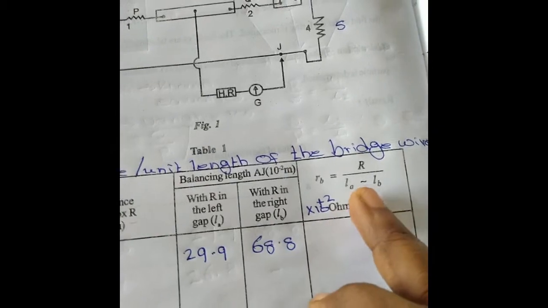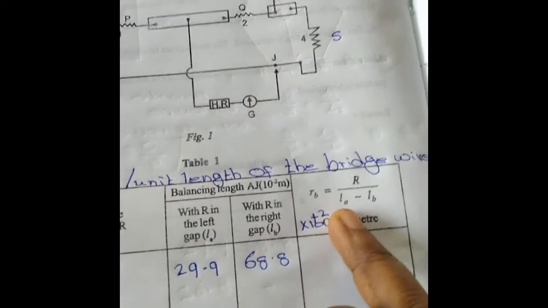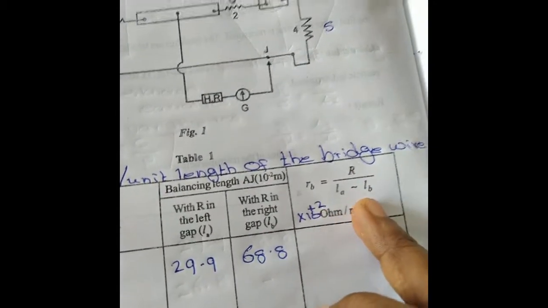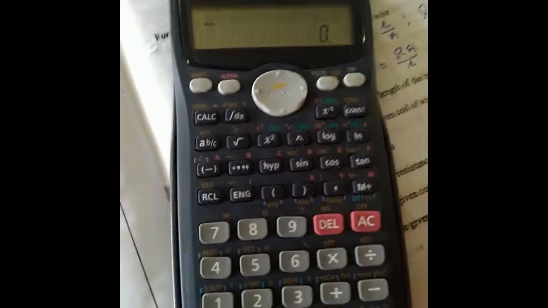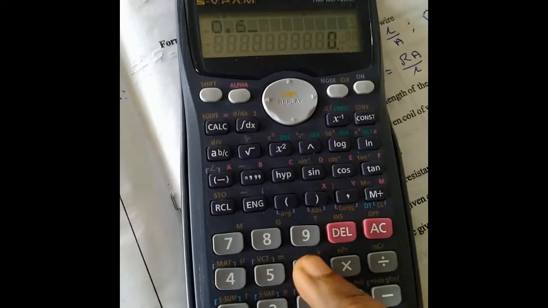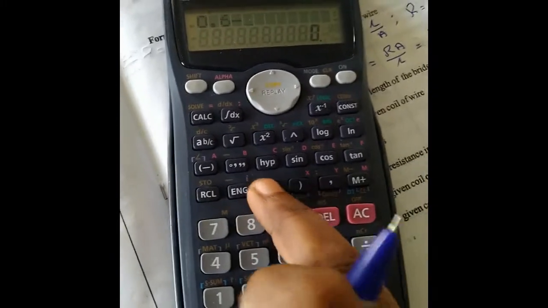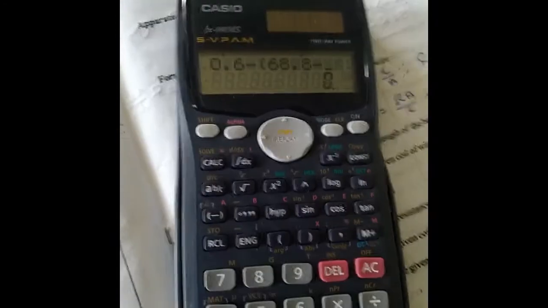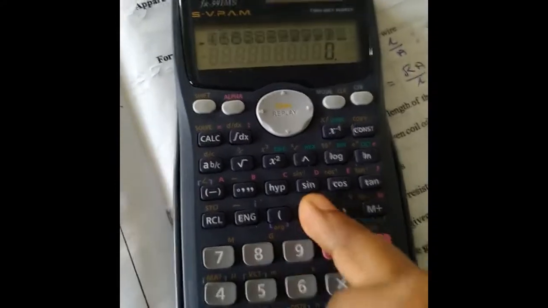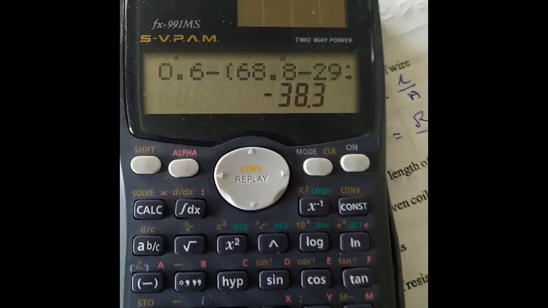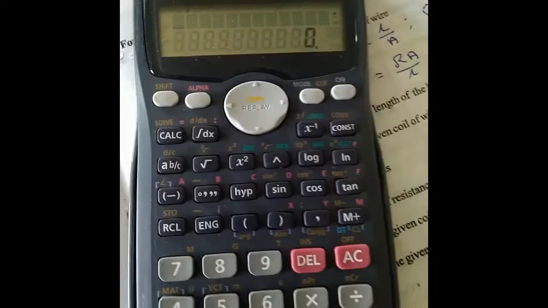Let us try to calculate the value for this R divided by L2 minus L1 alone. So what is this R divided by L2 minus L1? Let us do the calculation. 0.6 divided by, bracket, 68.8 minus 29.9, close the bracket. I'm sorry, I had not done divided, I had given minus.